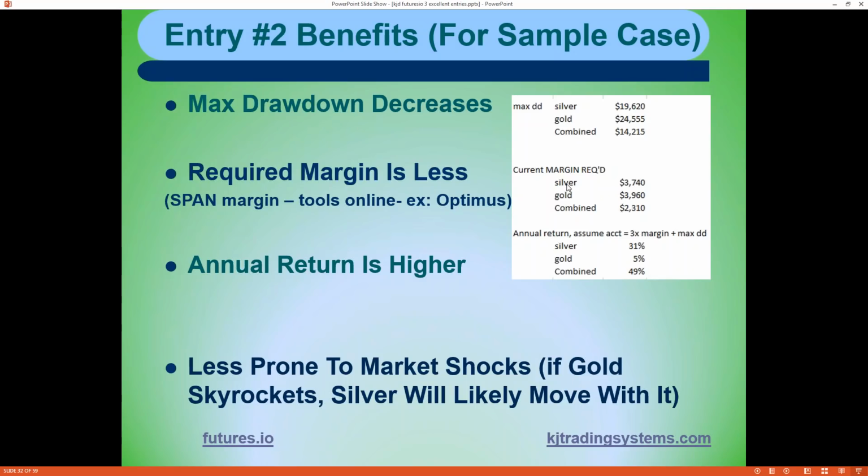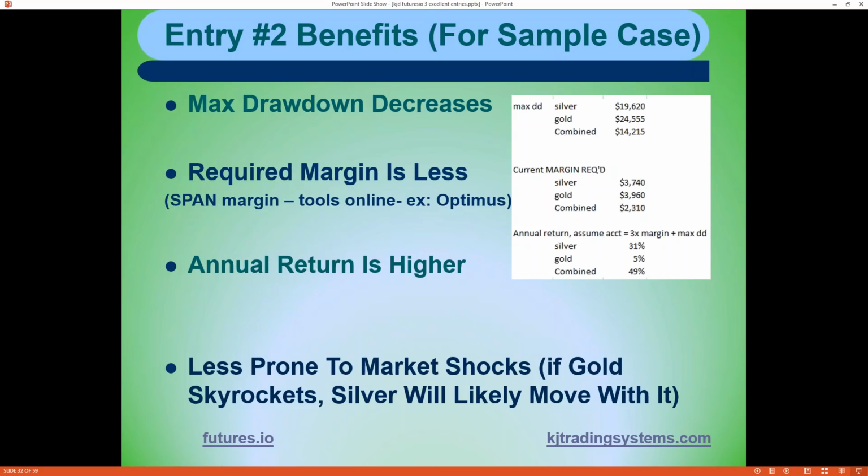The margin's a lot less. Silver by itself is $3,700 right now. Gold is $3,900. But when you have a long gold, short silver, or vice versa, your combined margin is only $2,300 right now. It's called span margin.